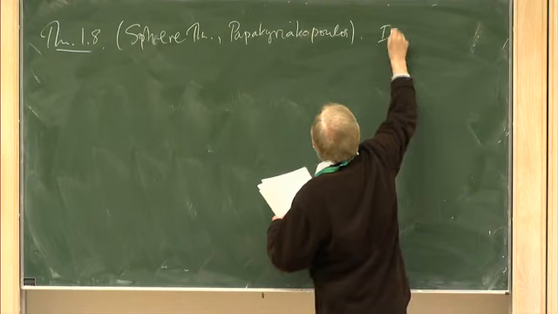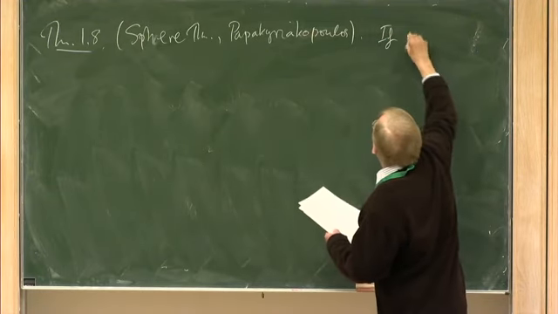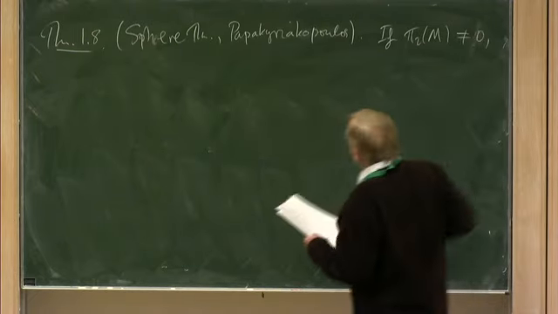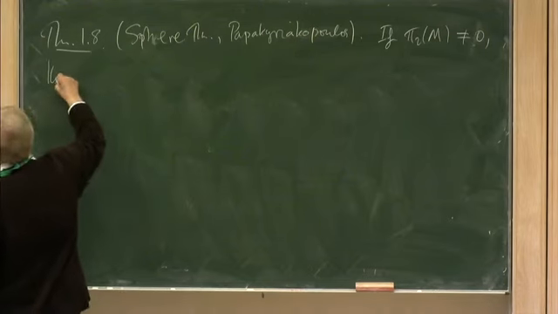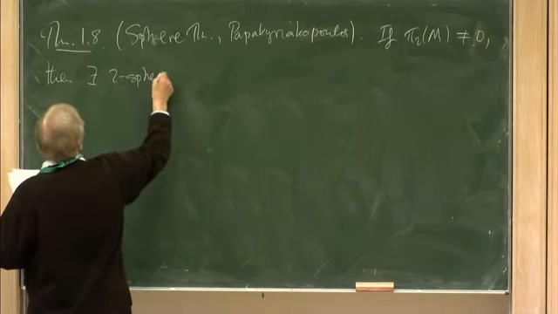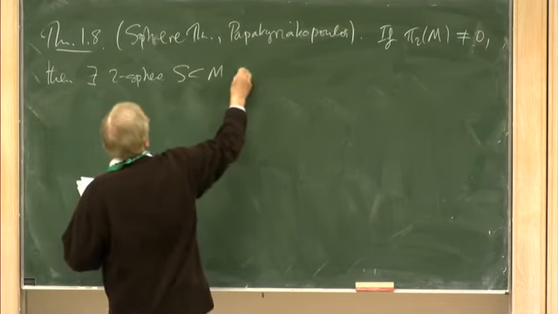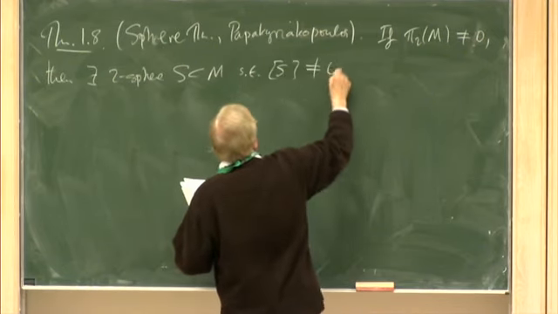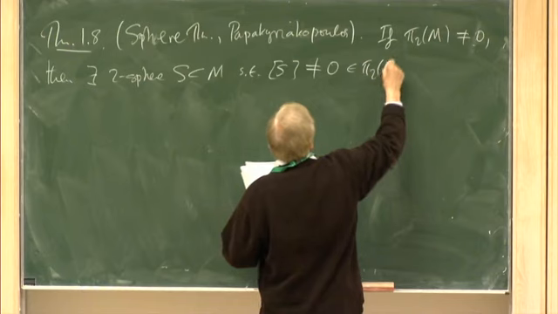It says that, again, M not necessarily closed, if you've got a 3-manifold M and pi 2 of M is non-zero, then in fact there's an embedded 2-sphere S in M which is not null homotopic, and represents a non-zero element.